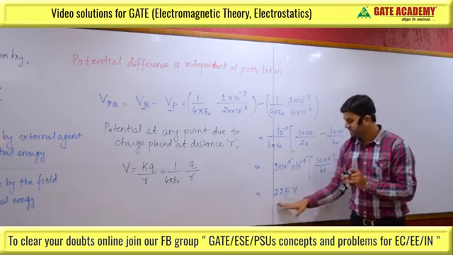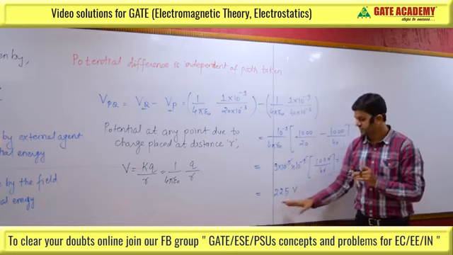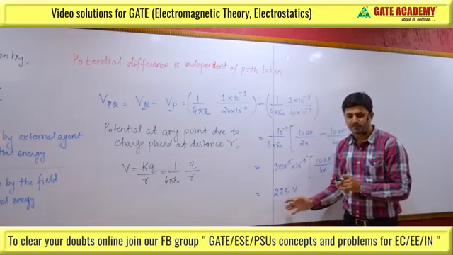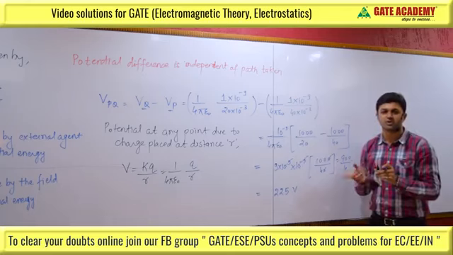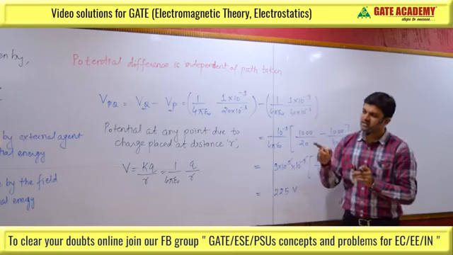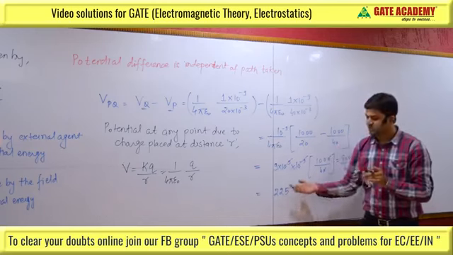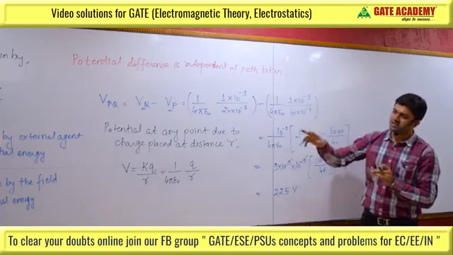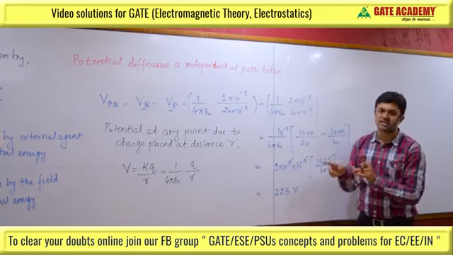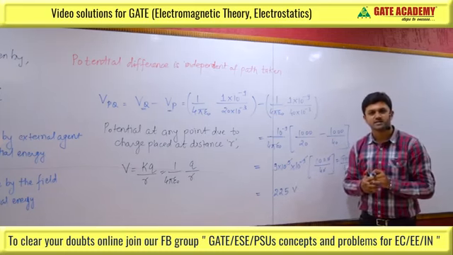It is never possible that both options with plus and minus sign are given, because the magnitude remains the same, as we can move either from P to Q or Q to P. If both options were given, then the path taken would have to be specified, whether we are moving from P to Q or Q to P. As we have seen, if we consider P to Q, the answer is positive, and if we consider Q to P, the answer will be minus 225. So the correct answer is option B.